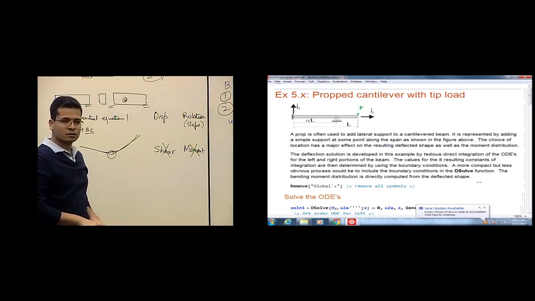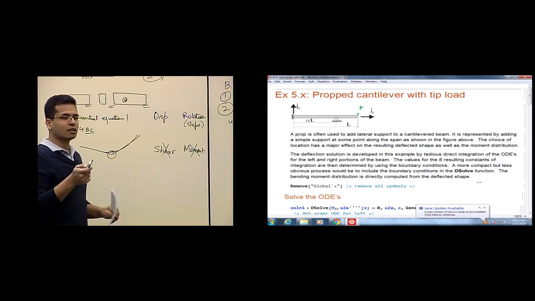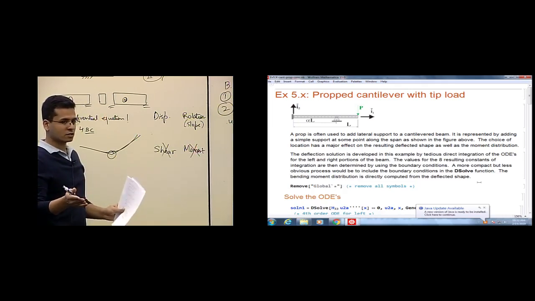I'm sorry, but for instance, if we have, instead of the support over there, an applied load in the middle of the beam, in that case we need to impose the continuity of the beam. So we will impose one on the displacement, but at the same time we will impose one on the shear force. So exactly, you will get a continuity equation for the shear force if you have a load.